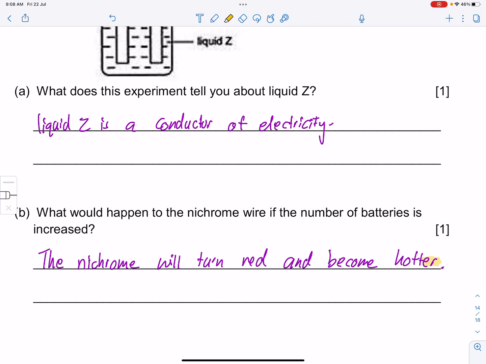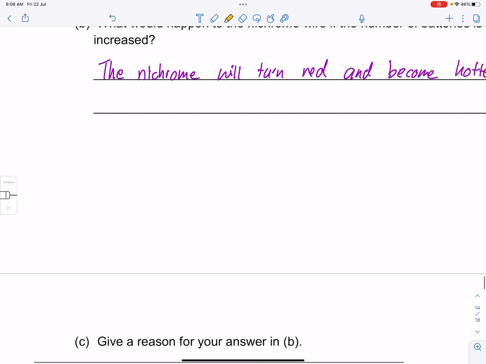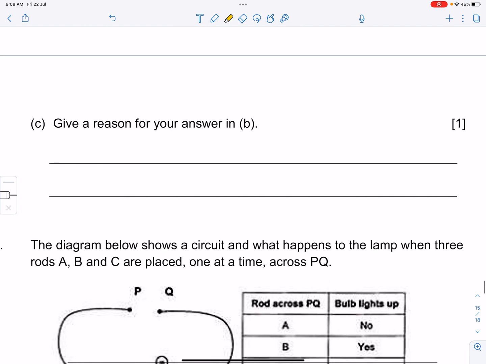It needs to be hotter. Next, give a reason for your answer. So the reason would be that it has more current flowing through it.